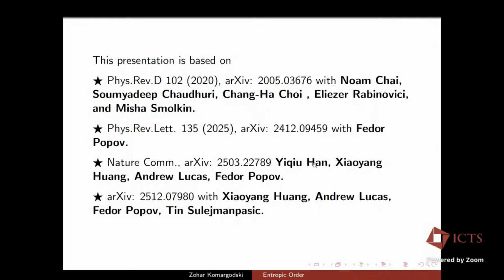There is this paper that will be one of the main things I'll explain today, and even more so the very last paper from December with Xiaoyang Wang, Andy Lucas, who are from Colorado, and Fyodor Popov and Tin Suleiman Pasic. Fyodor Popov is a postdoc at the Simon Center, and Tin Suleiman Pasic is a professor in Durham in the UK. So this will be the main focus, but there is some previous work that I'll also mention.